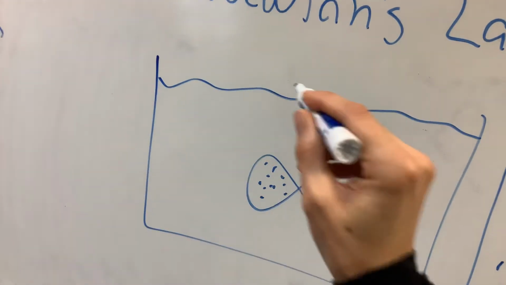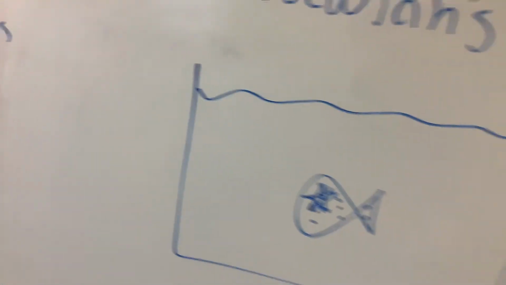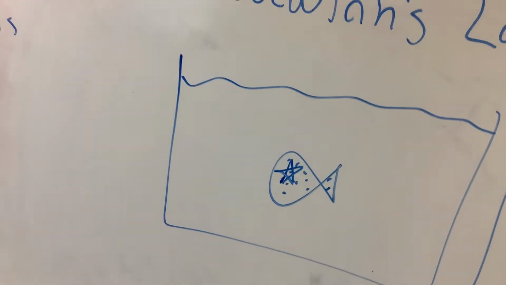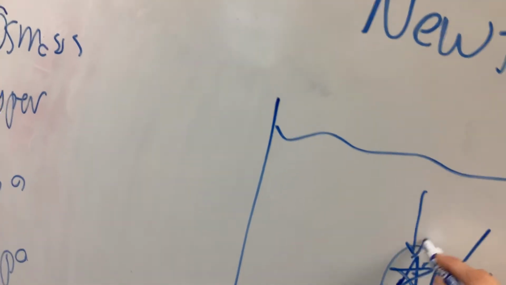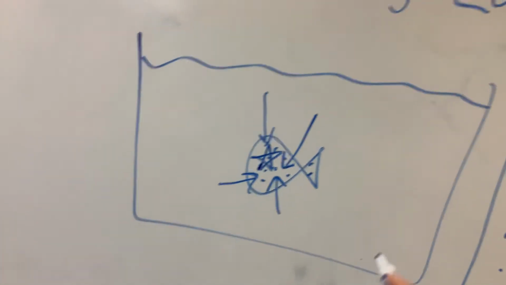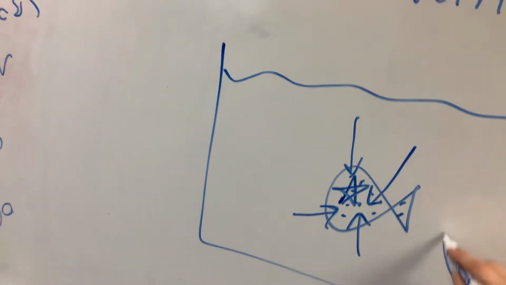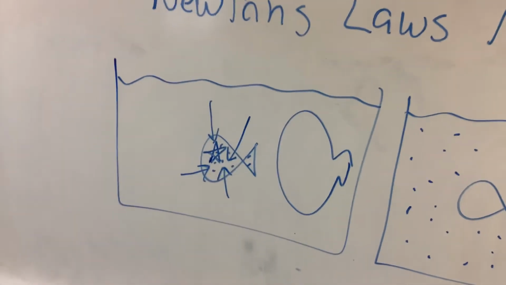Inside the fish, outside the fish? Good. Where does water go? To the star. So water is going to go to where the particles are to try to dilute them. What's going to happen to this fish? It will blow up. Who remembers what it's called to swell up?